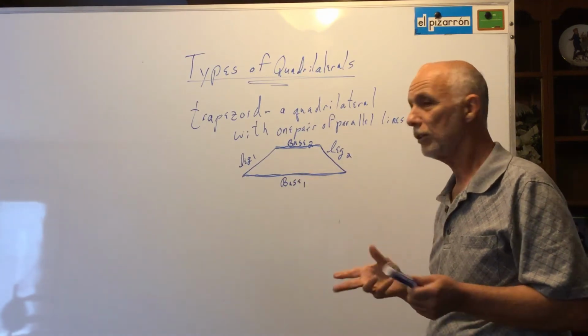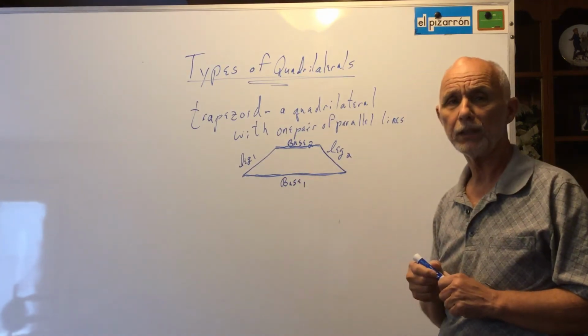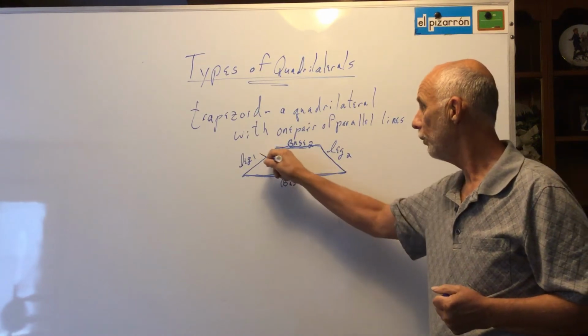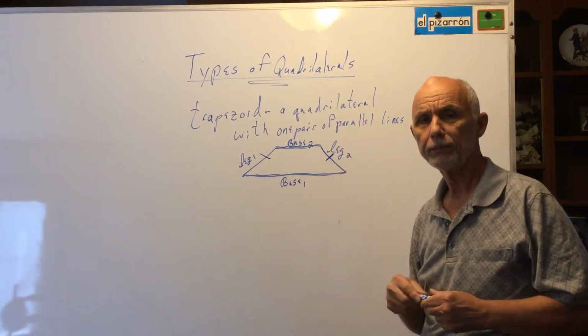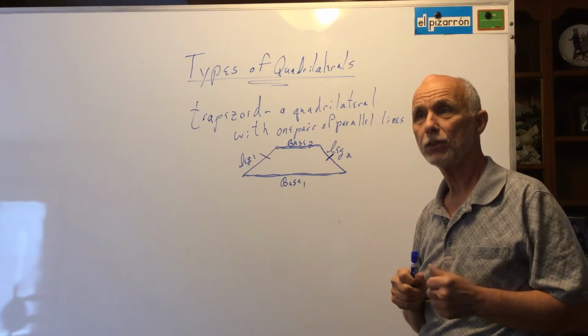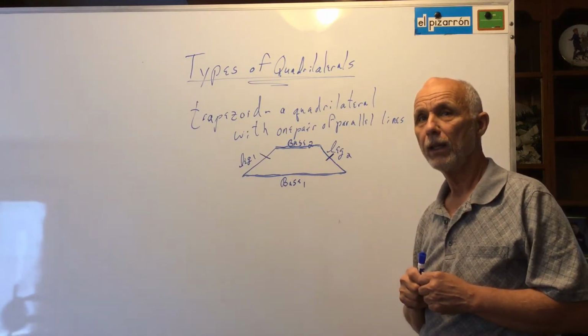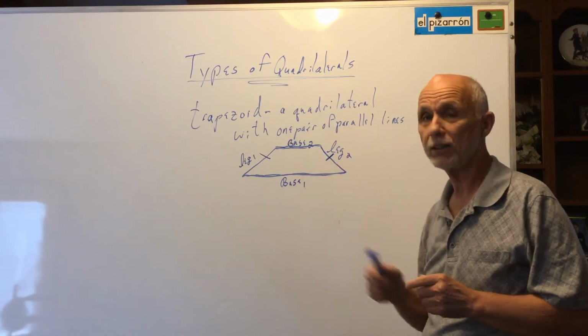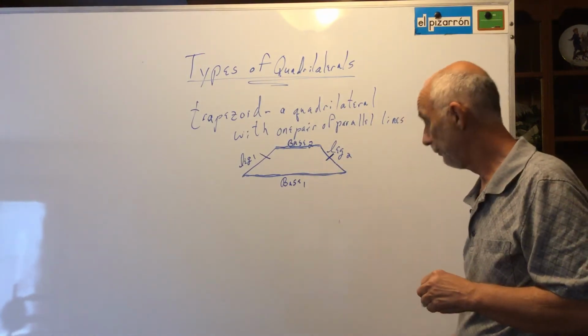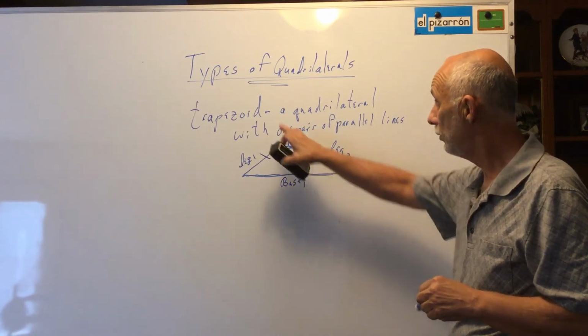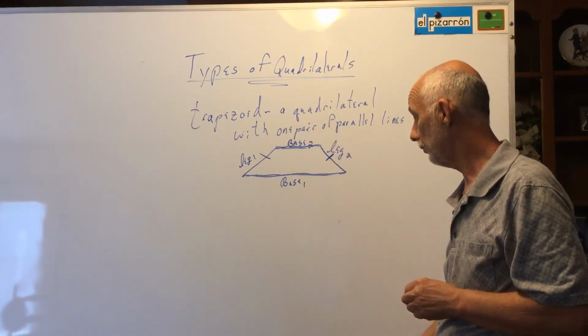By the way, just a side note, you don't really need to know this one, but what do you think you would call a trapezoid where the two legs were congruent? Let's see, it has two of them congruent. I think we'd call that an isosceles trapezoid, okay? And that's one of the two major types of quadrilaterals.